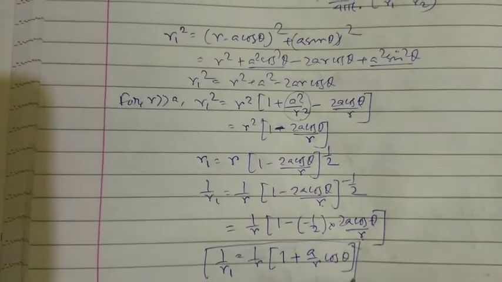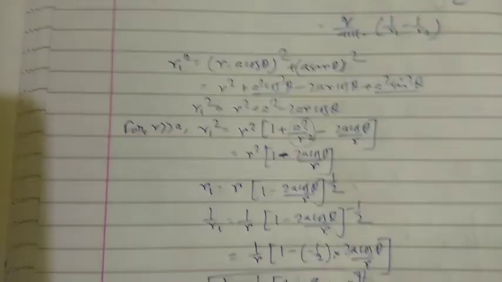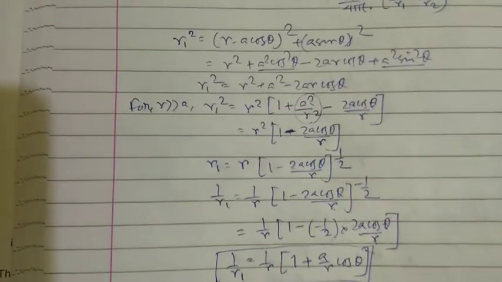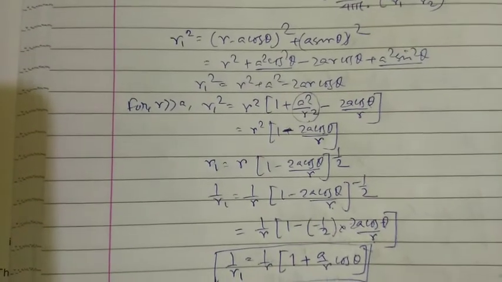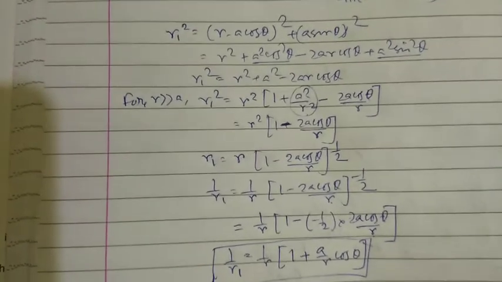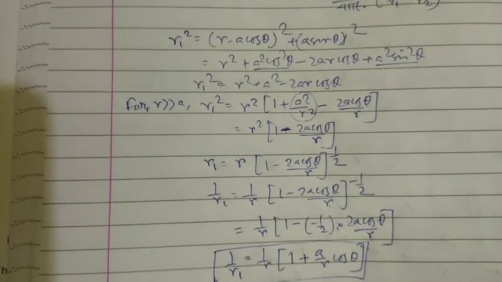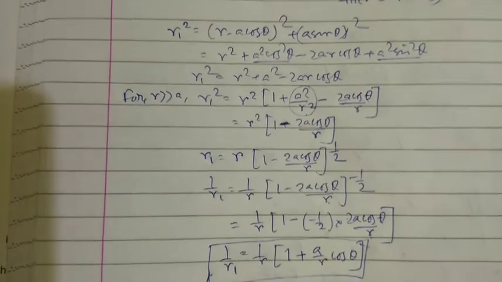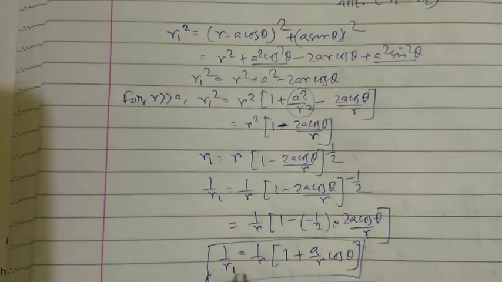Now in a similar way, we can get 1 by R2 equals 1 by R (1 minus A by R cos theta). Now we'll put these two values in this equation.